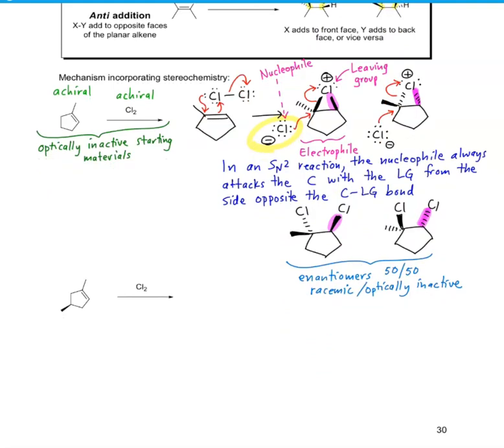Okay, so for the next example, let's do something a little bit different. So we have not, as of yet, looked at a reaction involving a halogen and water. So let's change these conditions and make this bromine and water.